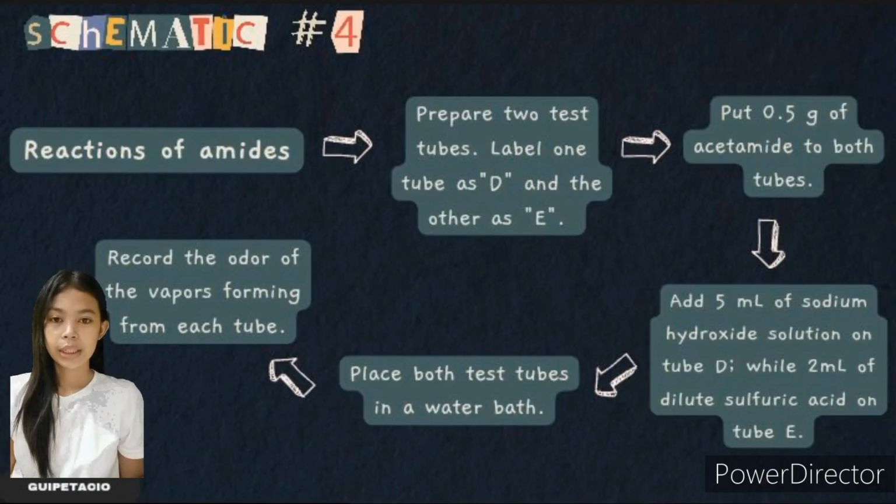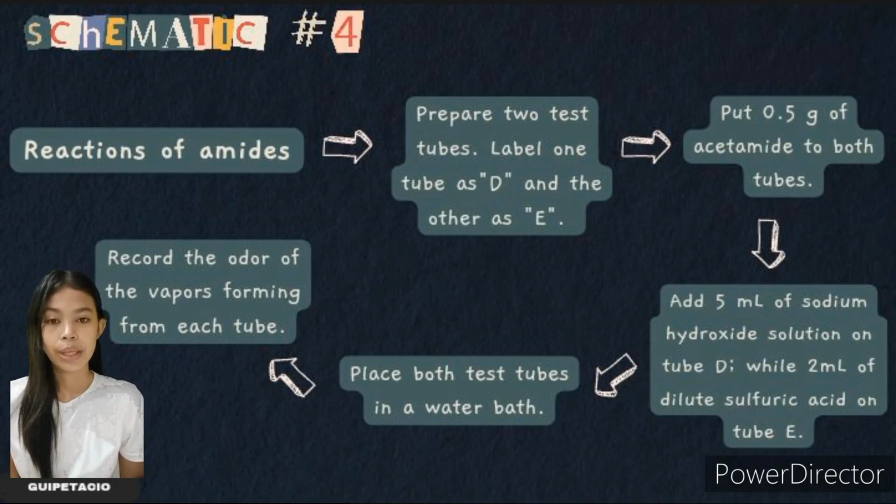And I will be presenting the schematic diagram of experiment number 4, reactions of amides. So first, we will set up 2 test tubes and assign labels to them. One test tube will be labeled as D and the other one will be labeled as E. Next is to add 0.5 grams of acetamide to both test tubes.